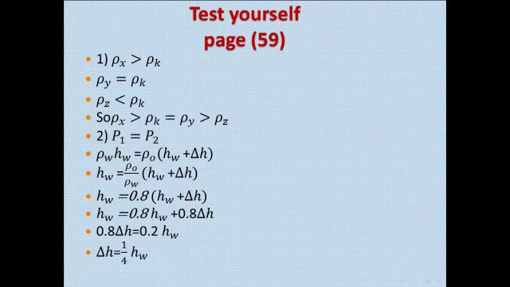What is meant by the upper surface of water and oil? If you draw it, rho water H water equals rho oil times H water plus delta H. What is meant by delta H? Delta H is the oil which increases.